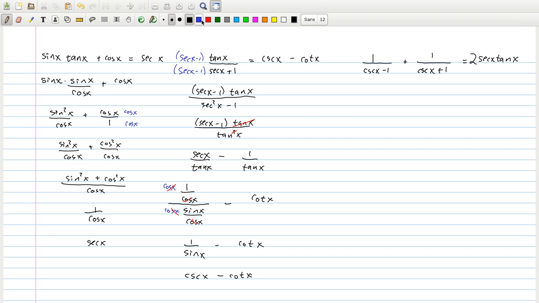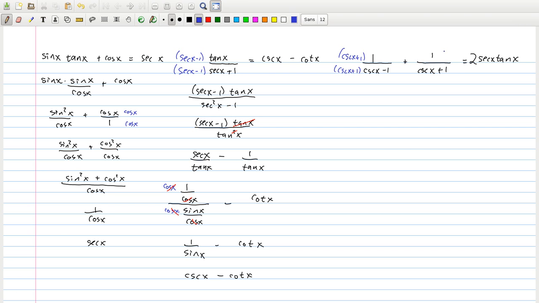On the third identity, I see that we're adding two fractions, so I'm thinking maybe get a common denominator. Our common denominator in this case will be cosecant x minus 1 times cosecant x plus 1. So we can multiply the first fraction by cosecant x plus 1 in both numerator and denominator.